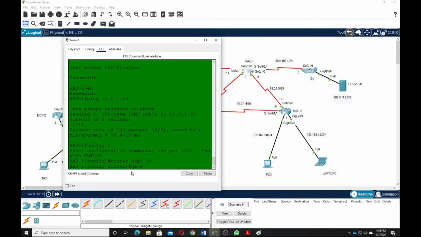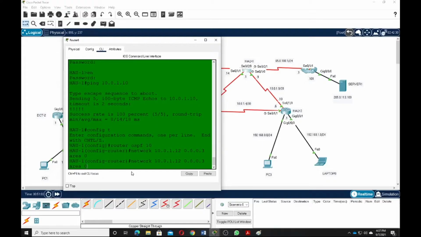Then let us configure the network 10.0.1.12, and then the wildcard mask 0.0.0.3. The wildcard mask is just the inverse of the subnet mask, 255 minus 252. And then we'll put the area. This is area 0, which we use in single area OSPF.